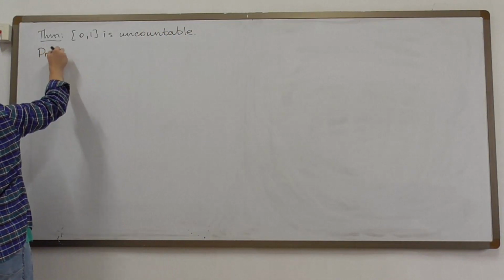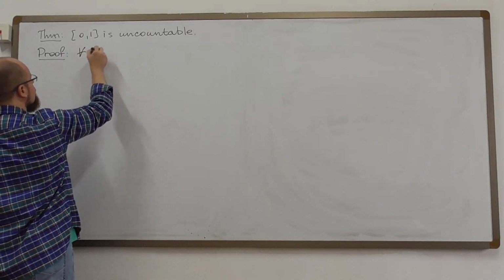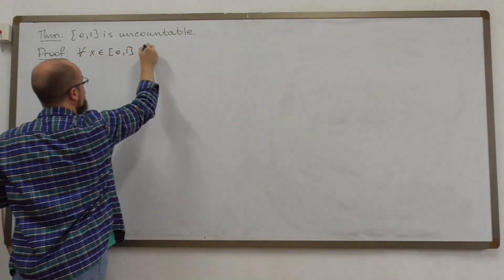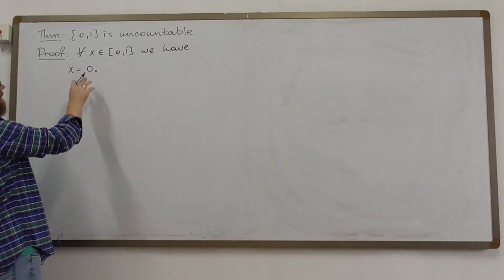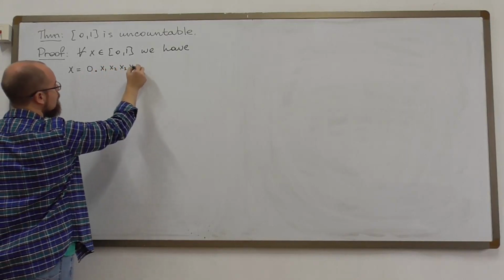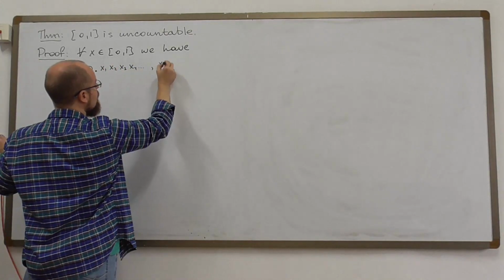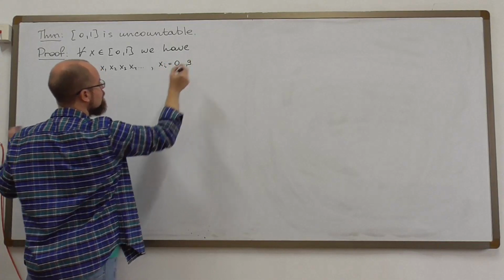Proof. First of all, let's note that any number from this interval can be written as a decimal fraction, 0.x1 x2 x3 x4, and so on, where all the xi's are numbers from 0 to 9.